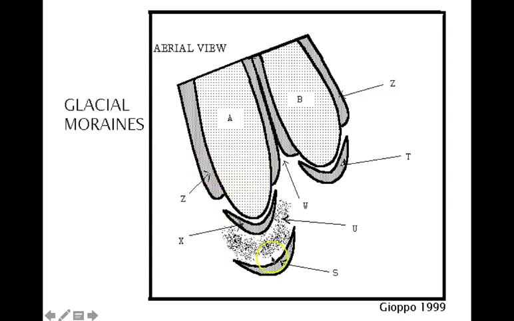Glacier A, however, has two. So when there's multiple end moraines, we told you we had a special word for the very front. That was called, right, a terminal moraine. So S is our terminal moraine. What do we call the word for any moraine behind the terminal moraine? Yep, a recessional moraine. Good.